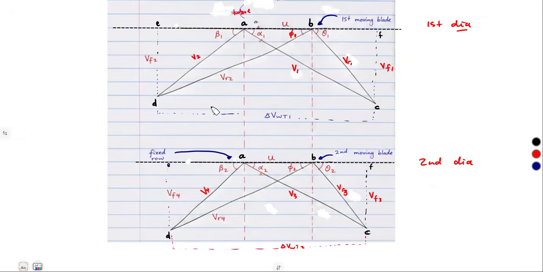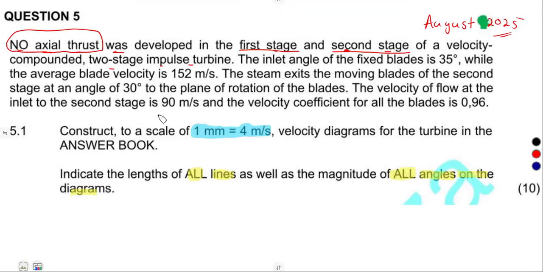When we do not have the axial thrust, it affects the flow velocities. Remember that. When you do not have the axial thrust, it follows that VF1 is equal to VF2 for the first diagram. And for the second row, VF3 is equal to VF4, which are the flow velocities. That is when there is no axial thrust. Since it is affecting both stages, this one is for both stages.